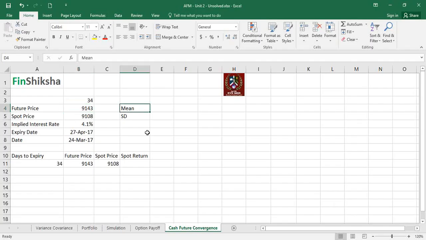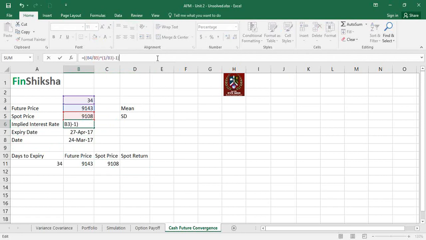Possibly because of that, the implied rate is lower. Again, that's the daily rate, and this into 365 is the yearly rate. That's what we have done.